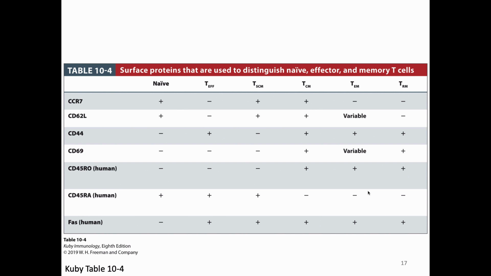I used to get in fights with my PhD advisor about this pretty often, because when I was in grad school, there were naive, effector, central memory, and effector memory. Those were the four. Sometimes how you did effector memory and central memory looked different in different experiments, and we were talking about why that is. I would always say, I think this is dumb. I think there's more than just those kinds of memory cells.